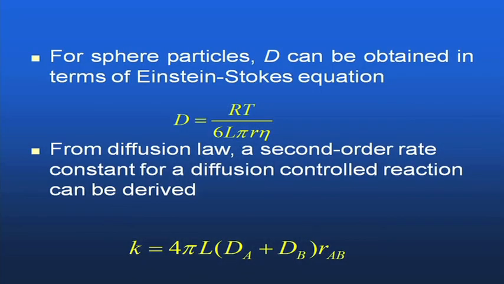So we have just started this specific type of reaction, the diffusion controlled reaction. In the next lecture we will continue with it, and then we will move on to one important factor: what happens when salt is added to a chemical reaction.